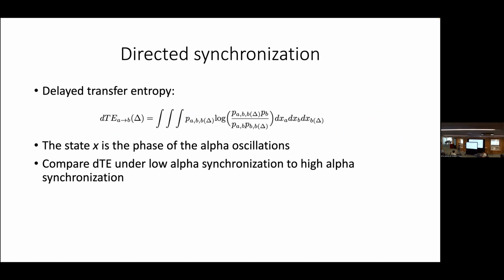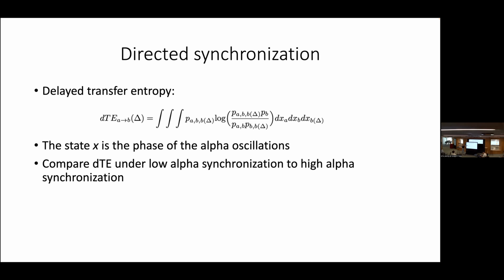It's based on the fact that if signal A causes signal B at the time delay delta, then the conditional probability of the future of B, at delta, conditioned on its own past, should be different than that conditioned on its own past and A's past. So A is helping to predict the future of B.